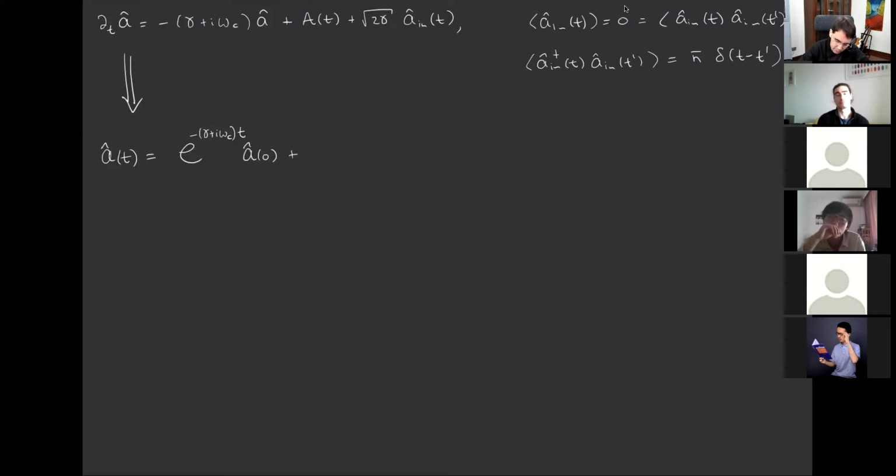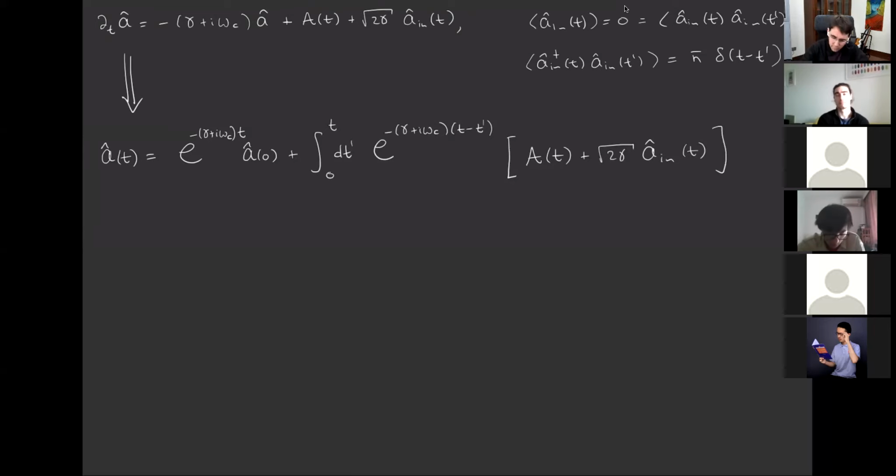And then we have an integration from 0 to t of dt prime, and now the exponential of, again, the linear coefficient. But now we have the connection between time t and t prime. And then in here we have the whole time-dependent inhomogeneous term of the linear equation.